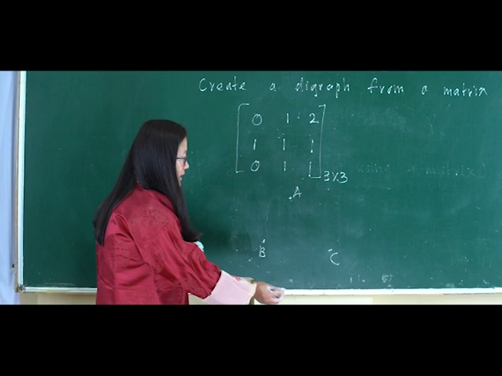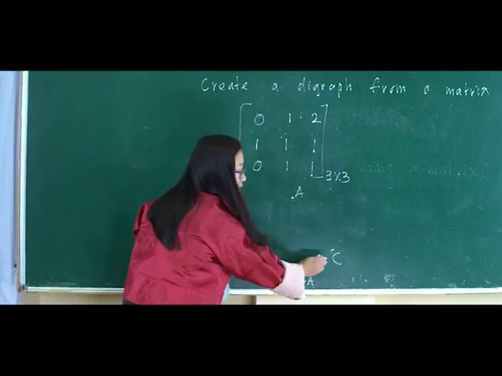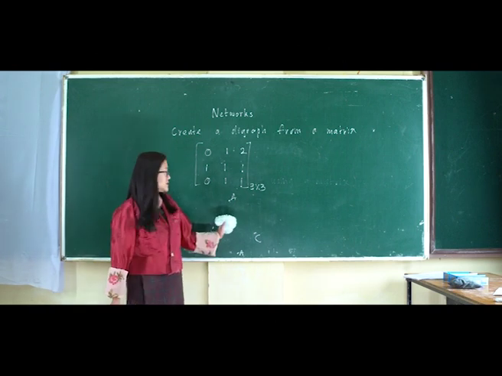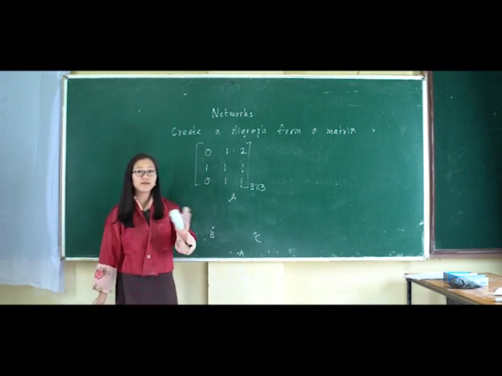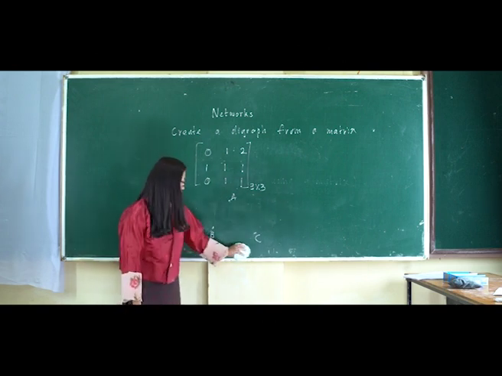I can place my A somewhere here and keep this as B and C. So my digraph and yours may not exactly be the same because of the placement of the vertices.